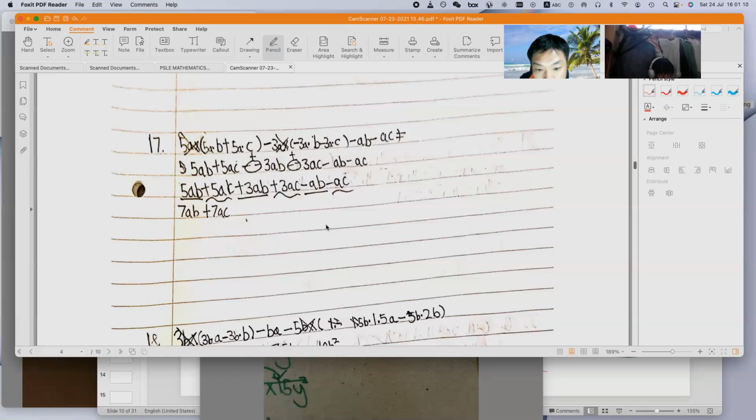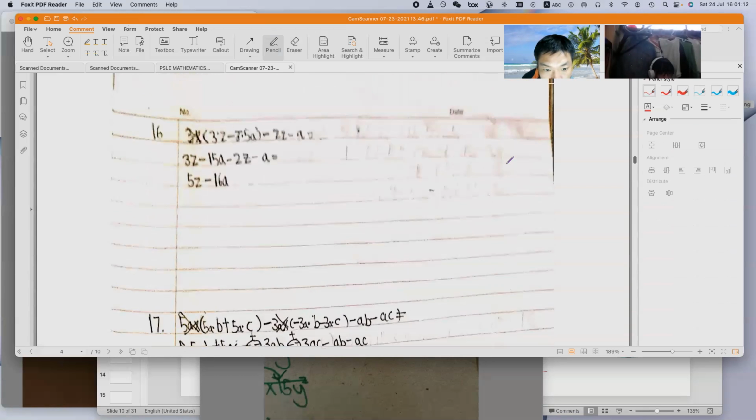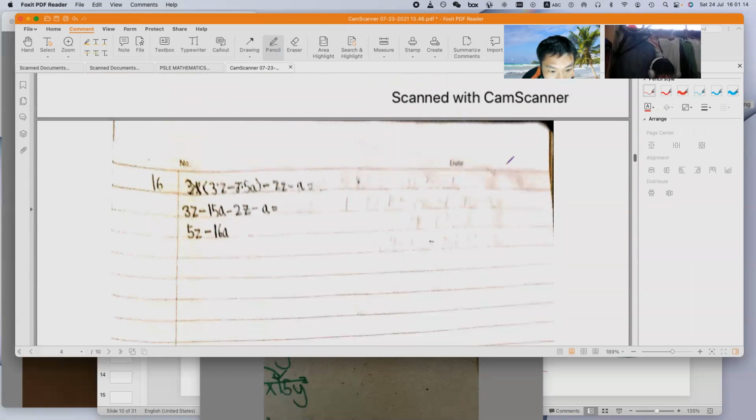Okay, so let's look at these questions. This question I think is very simple. We talked about this question before. You underline this question, you will see how can 3z minus 2z give you 5z?